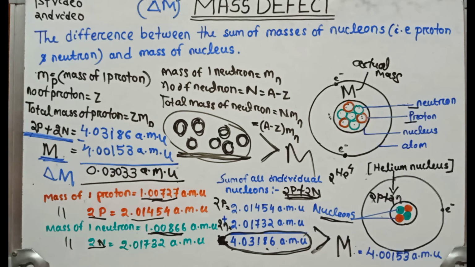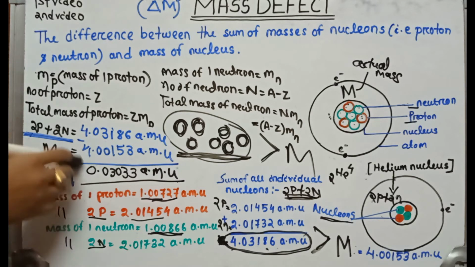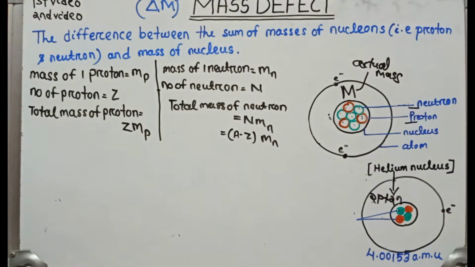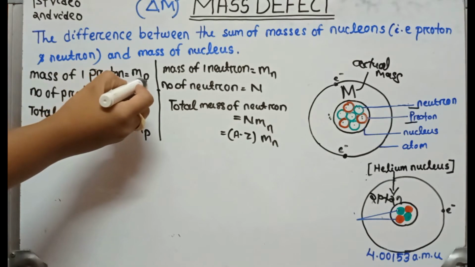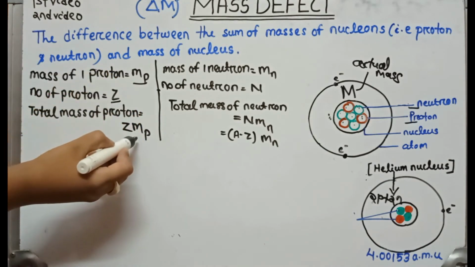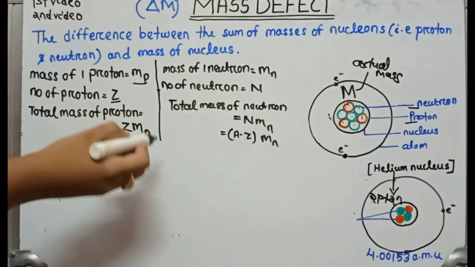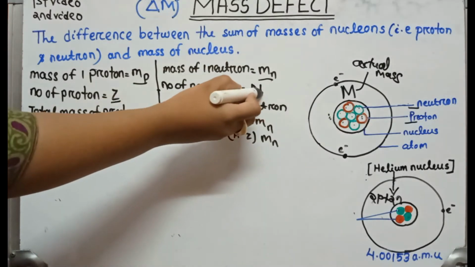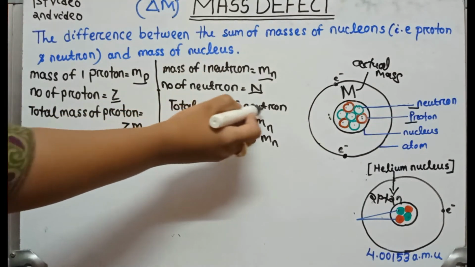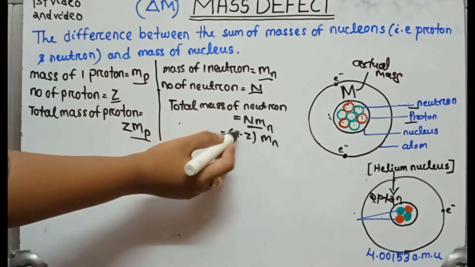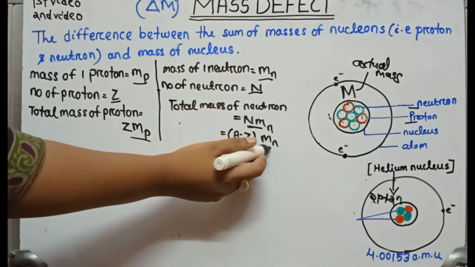Now we go to the general formula for the mass defect. See here students, the mass of one proton is Mp. So the number of protons is Z, meaning the total mass of protons is Z Mp. Likewise the mass of one neutron is Mn, and the number of neutrons is N. So the total mass of neutrons is N Mn, or in terms of N, we write (A minus Z) Mn.